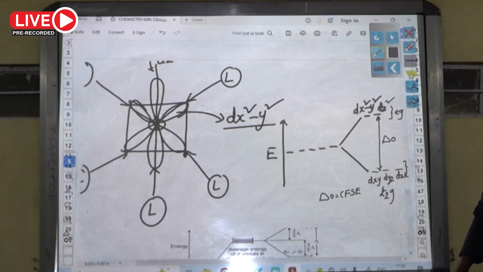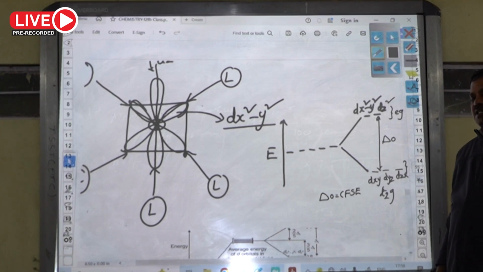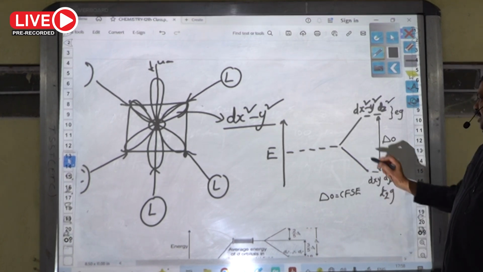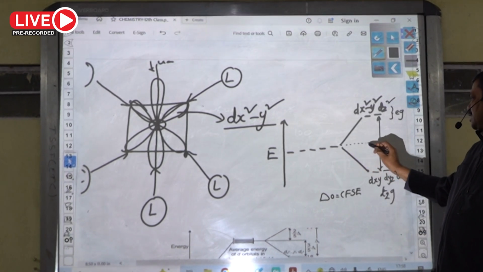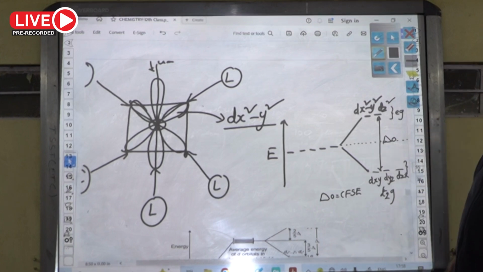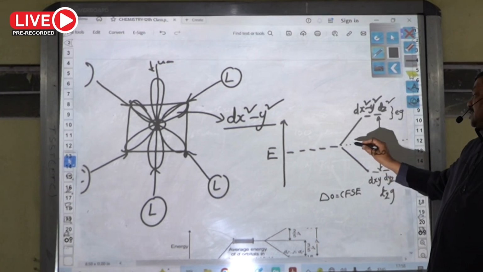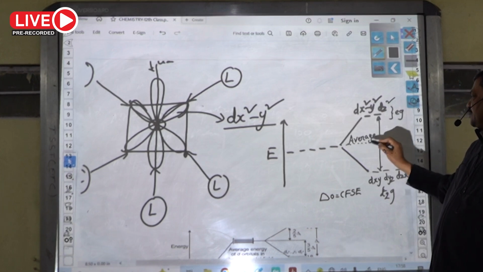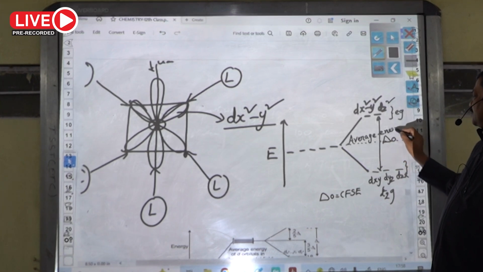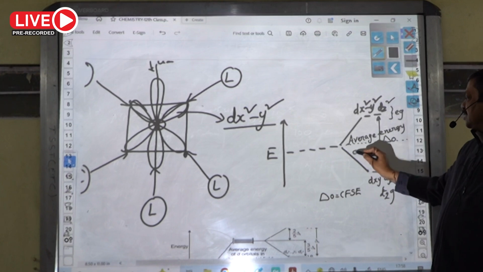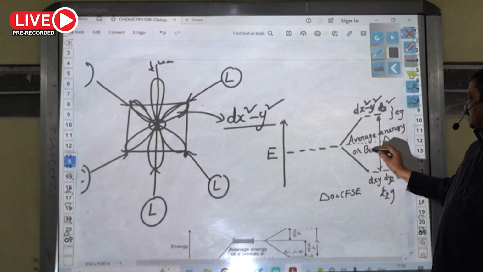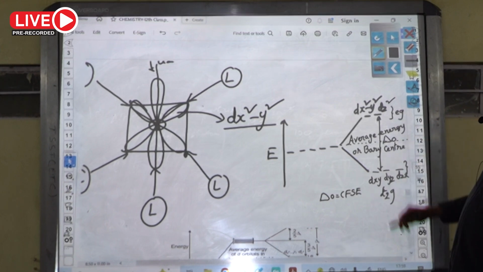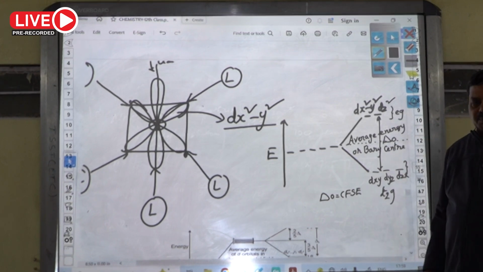Crystal field stabilization energy or crystal field splitting energy. When compared to the average energy, this average energy is also called barycenter.